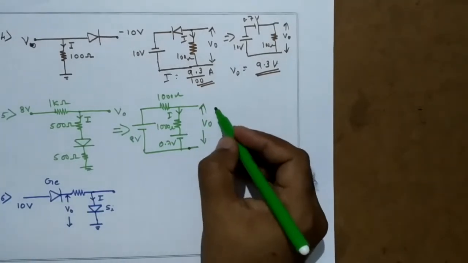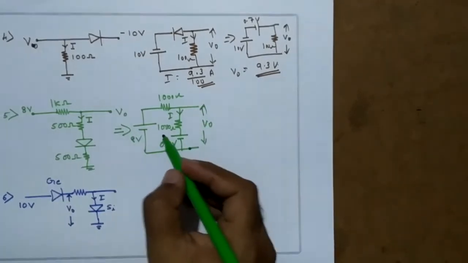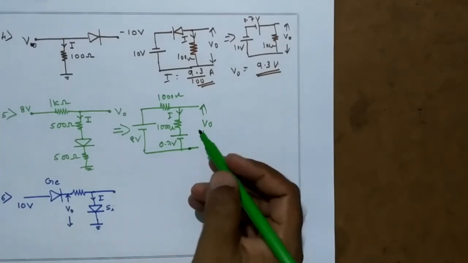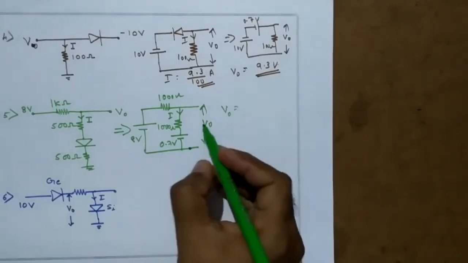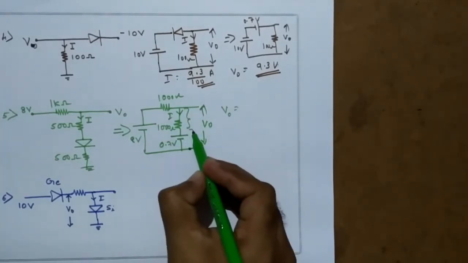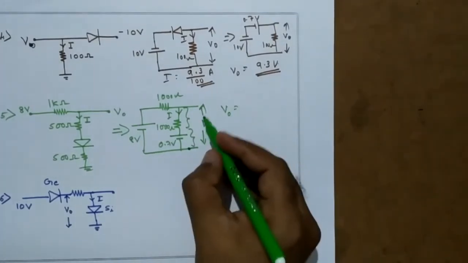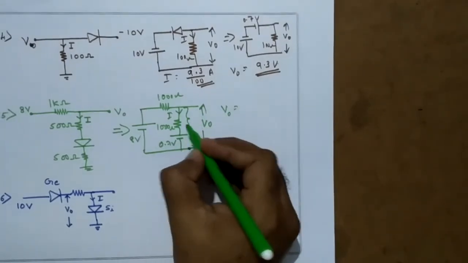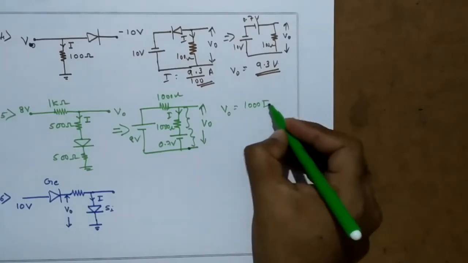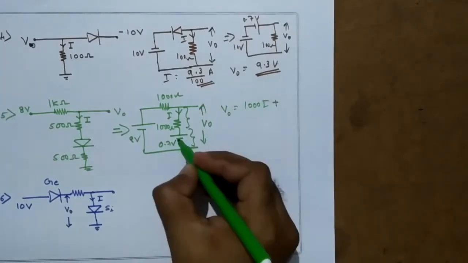I is equal to V by R here. Or first we'll calculate V naught. Easy to calculate it. V naught is equal to this voltage plus this voltage, that is equal to this voltage is 1000 I, V equal to I into R plus 0.7.